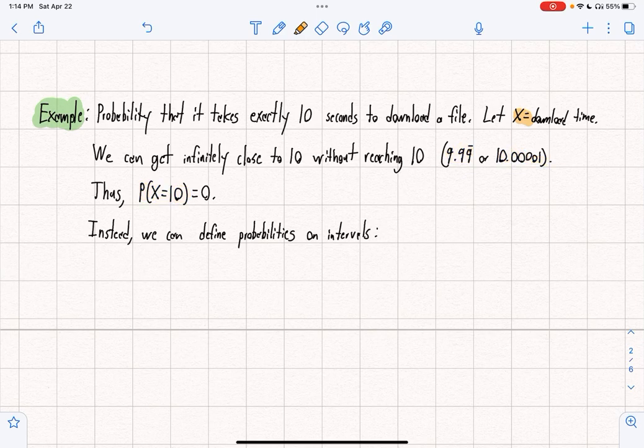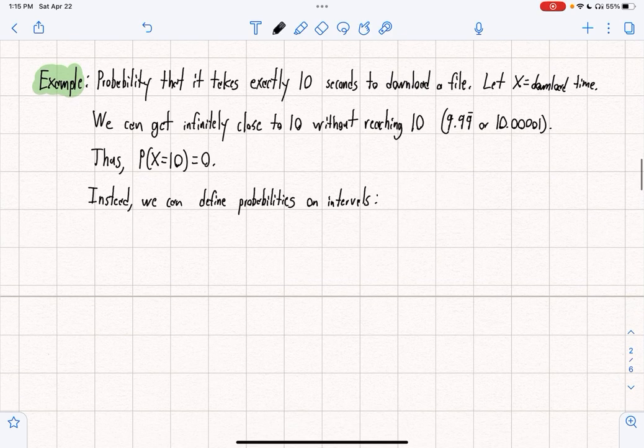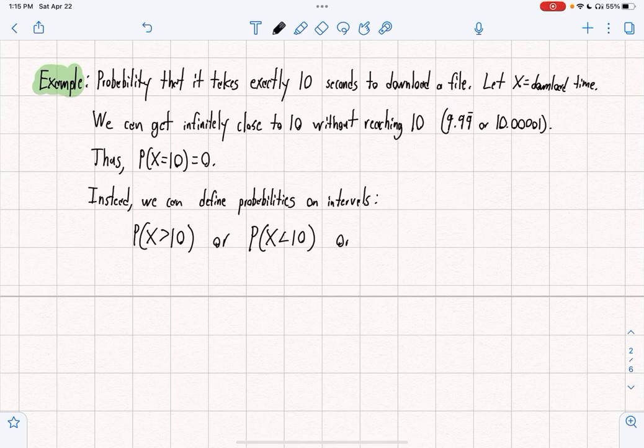Because of this, we are going to define probabilities over an interval. Let's give a couple examples. Instead of x equal to 10, we might be interested in, say, the probability x is bigger than 10, or the probability x is less than 10, or something like the probability it takes between 9 and 11 seconds.